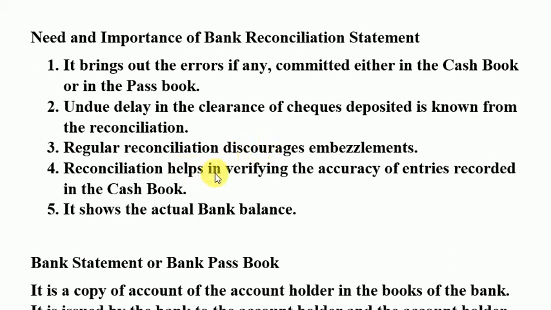Then reconciliation helps in verifying the accuracy of entries recorded in the cash book. That's quite natural. We are making this statement for a particular purpose, one reason being verifying the accuracy of our entries. And last, it shows the actual bank balance. This we are going to see when we prepare the bank reconciliation statement step by step.